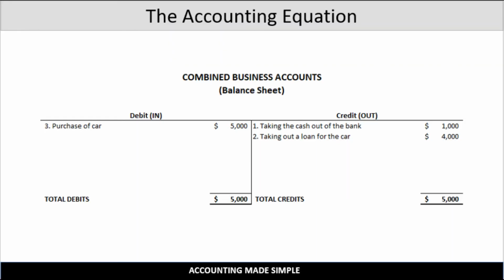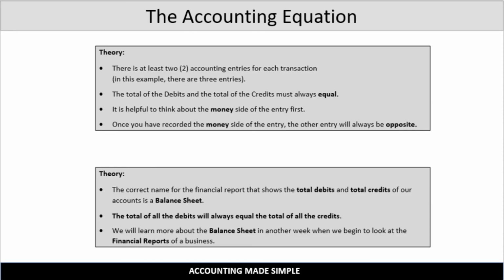If we were to combine the accounts, they would look like this. The 2 money entries are on the credit or the out side of the T account. Money is going out. The purchase of the car entry is on the debit or the in side of the T account. A car is coming in. Theory.